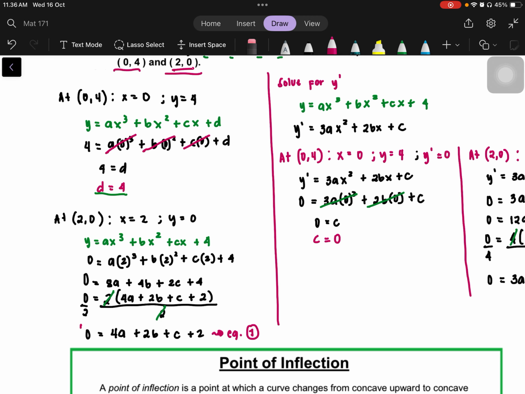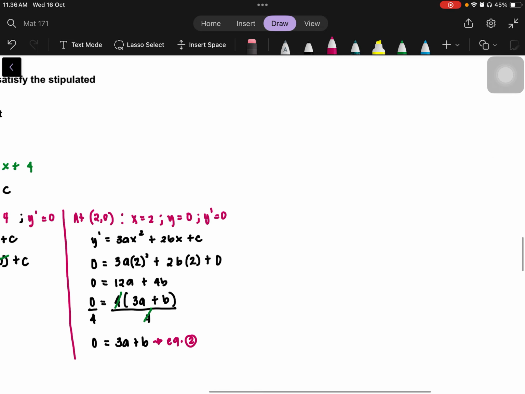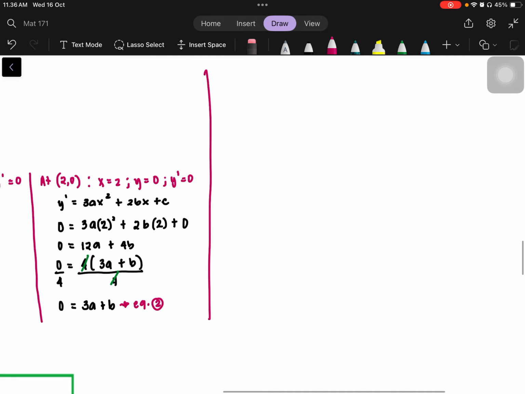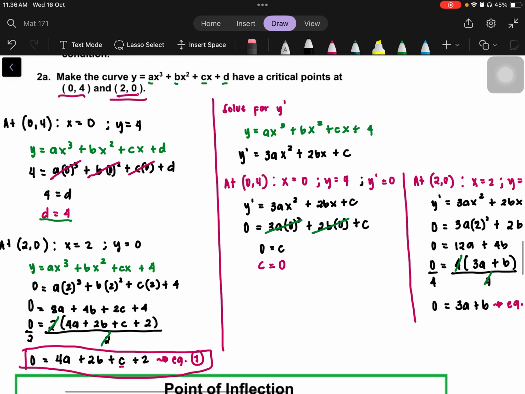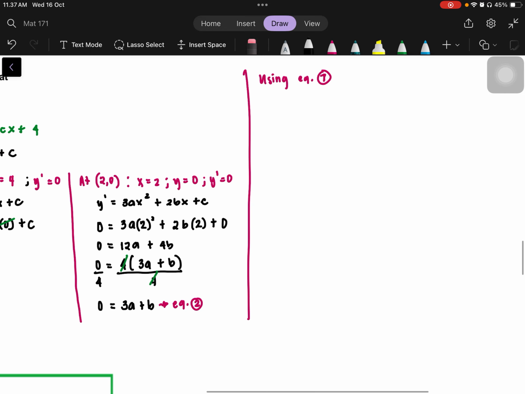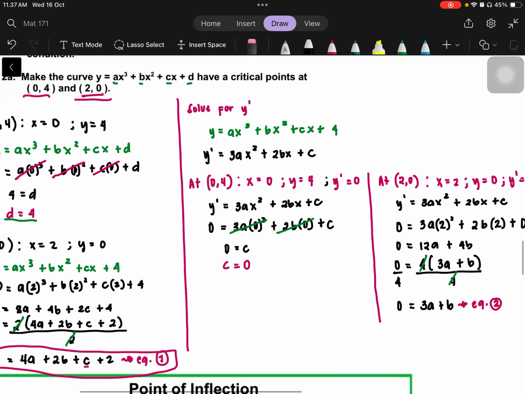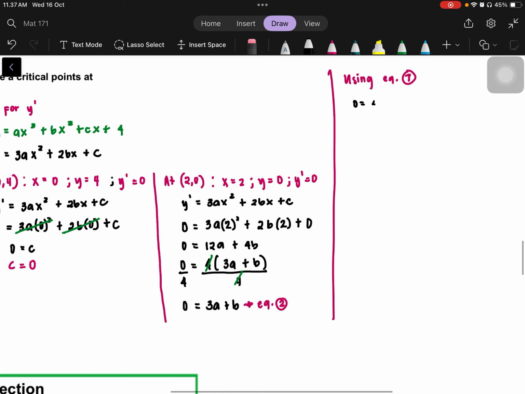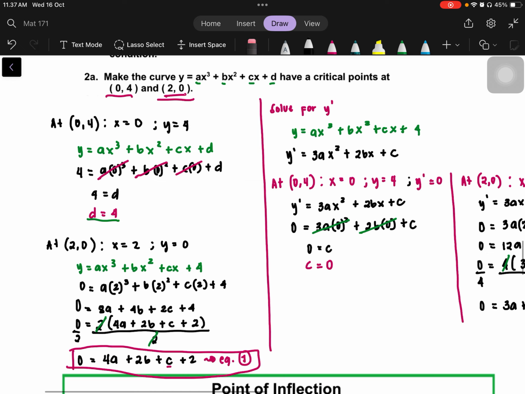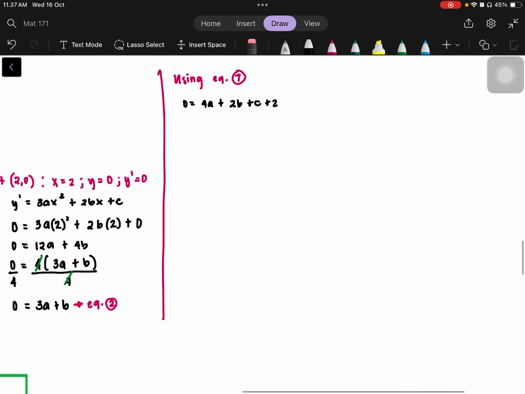And then, next naman natin, wala na tayong ibang magagamit, diba? Balikan natin ngayon si equation number 1. Kasi using the equation number 1, may c dito, diba? Pwede naman na natin palitan si c. So, using equation number 1, ano na ngayon nakuha natin doon? We have 0 is equal to 4a plus 2b plus c plus 2.